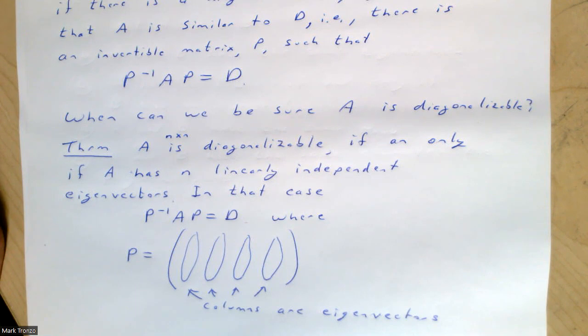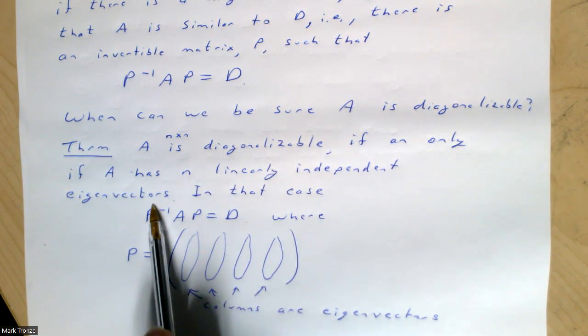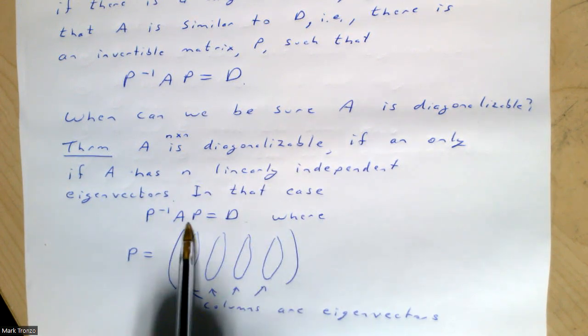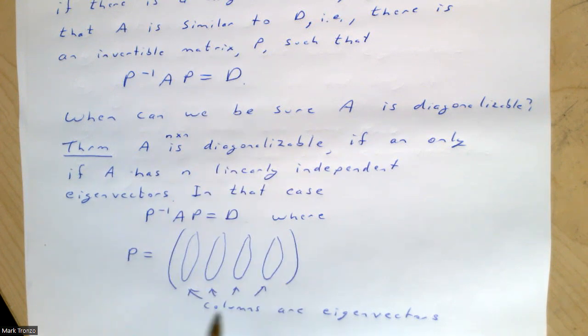So again, if you have n linearly independent eigenvectors, then it's going to be diagonalizable, and the P that you have is made up of columns which are the eigenvectors.